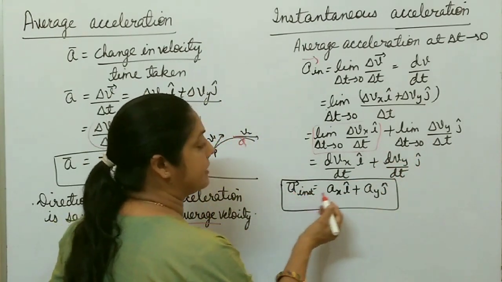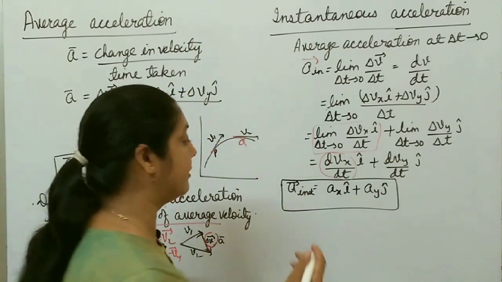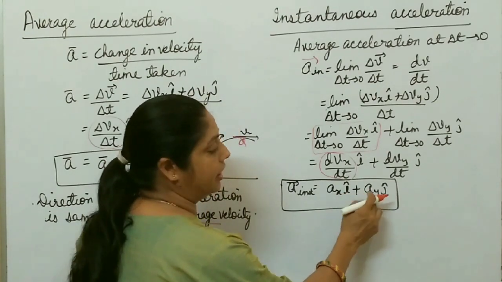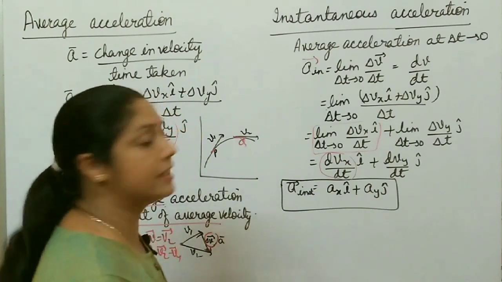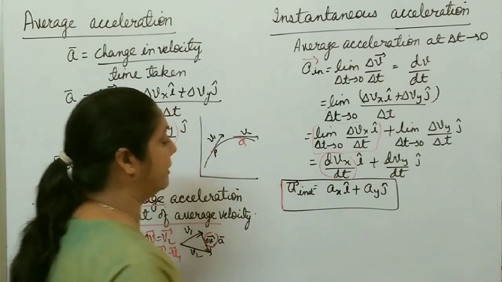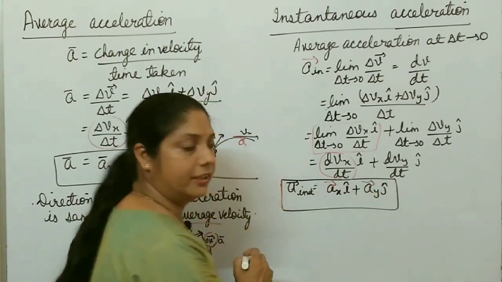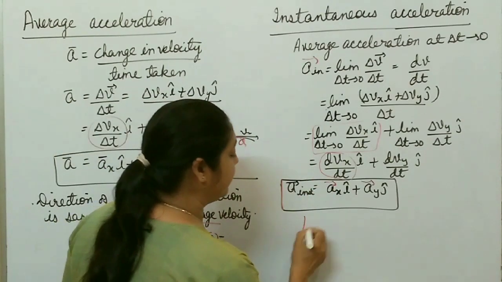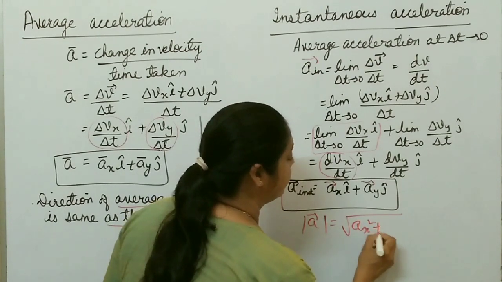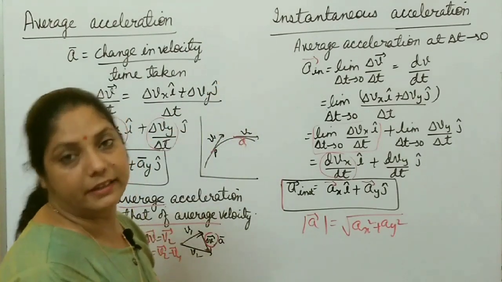So instantaneous acceleration becomes, this is what? dvx by dt is instantaneous acceleration along x-axis, ax i plus ay j. Ay is dvy by dt, instantaneous acceleration along y-axis. So in this way, this is the formula for instantaneous acceleration. A instantaneous equal to ax i plus ay j. And if you want to find its magnitude of a, then you can find under root ax square plus ay square.